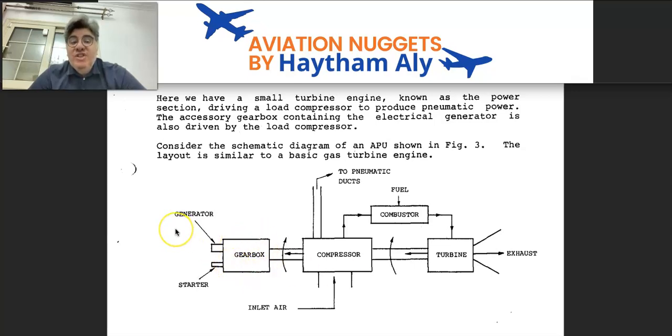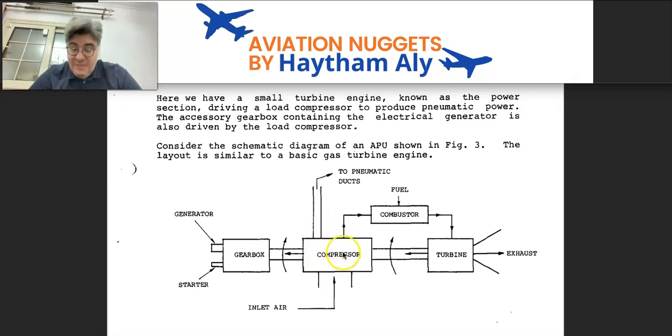In the old version of the APU, everybody, we had only 1 compressor, which is the compressor for the gas turbine engine or power section. It played 2 roles: a compressor function for the gas turbine engine, and also we took bleed load or pneumatic air from the same compressor.